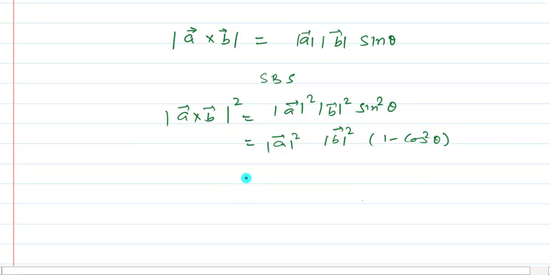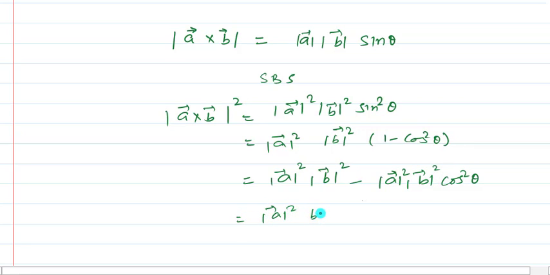You can simplify it as modulus vector A square modulus vector B square minus modulus vector A square modulus vector B square cos square theta, which is equal to modulus vector A square modulus vector B square minus, this is AB cos theta whole square, which is nothing but A dot B whole square. So we can write this as A dot B whole square.